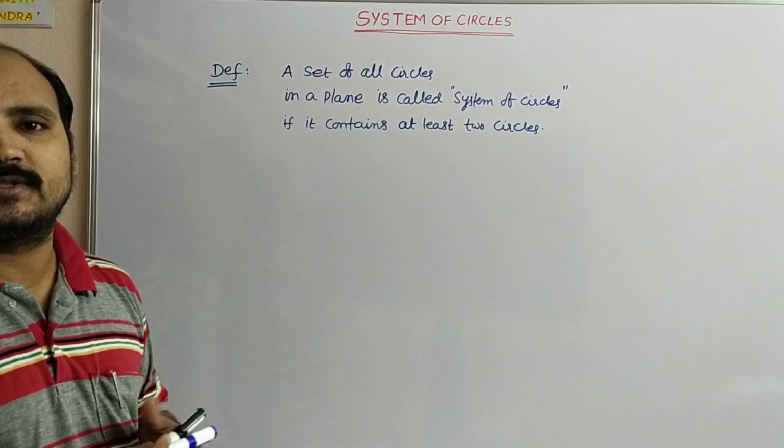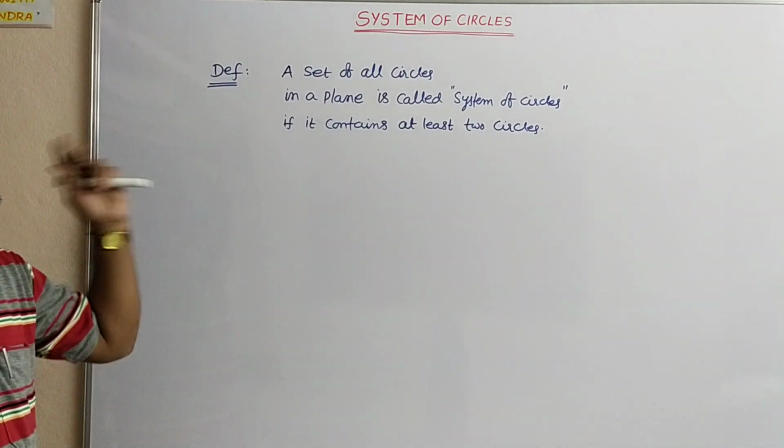At least two circles, then only it is a system of circles. Otherwise, you cannot say that it is a system of circles.